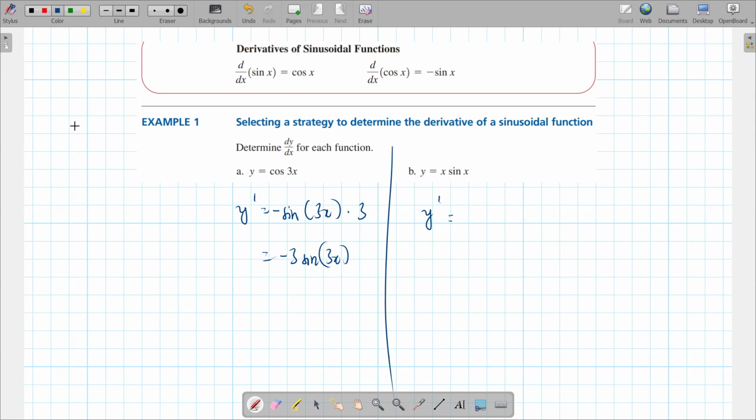It's not as hard as you think. You just need to know the product rule, right? This is F, this is G, F prime G plus F G prime.